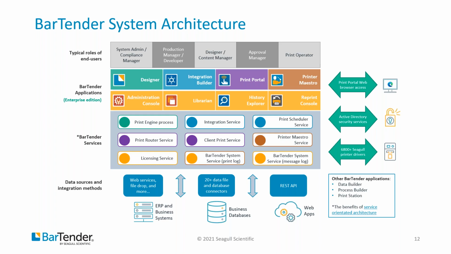So as you produce a print job, the BarTender system service will handle the database transaction to log that print job to the system database, thus freeing that task from the BarTender print engine process. The idea, of course, is to keep everything responsive and executing in quick time without delays.